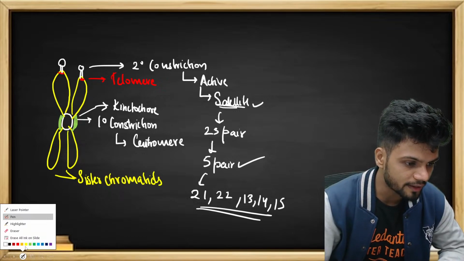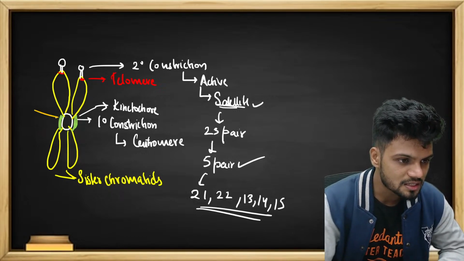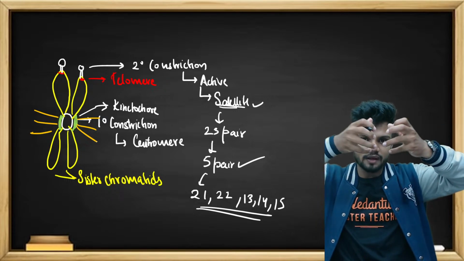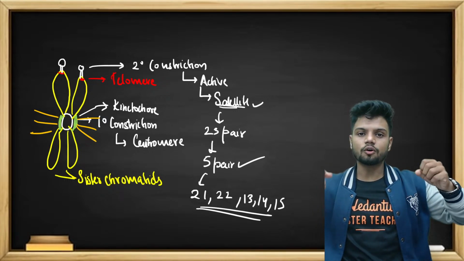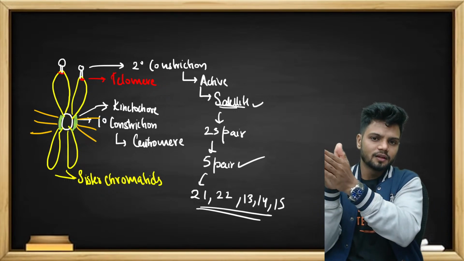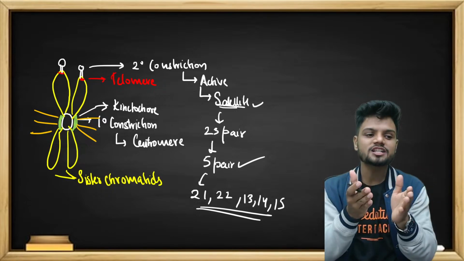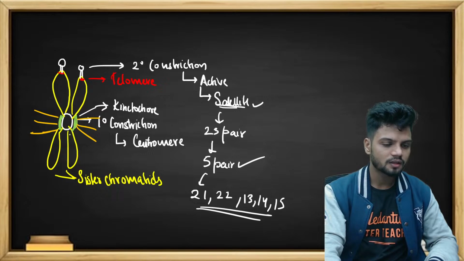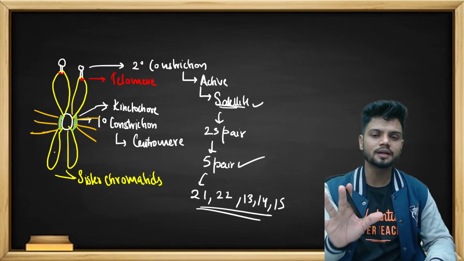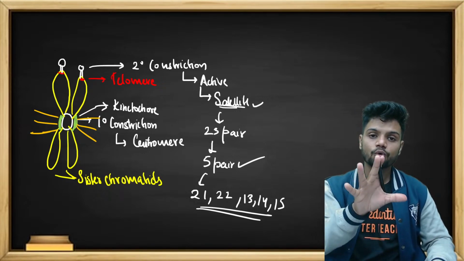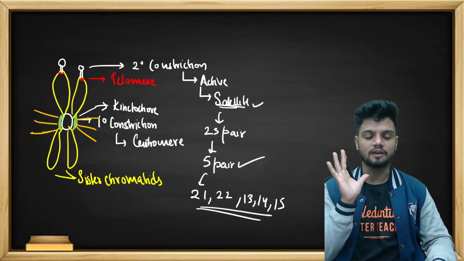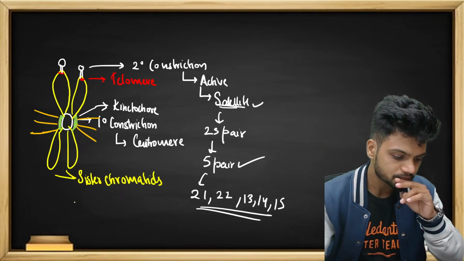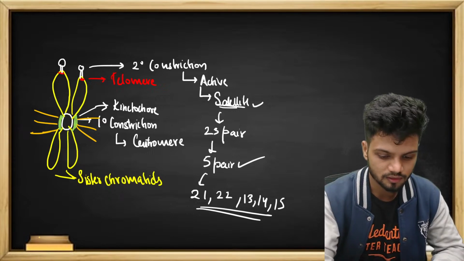During cell division, when the centromere is to split open, or when the homologous chromosomes separate, kinetochore is the point of attachment of the spindle fibers. Can you see? Spindle fibers attach to the kinetochore. They do not attach to the centromere. All the spindle fibers attach only and only to the kinetochore. Done. Let's see what is given in NCERT now.